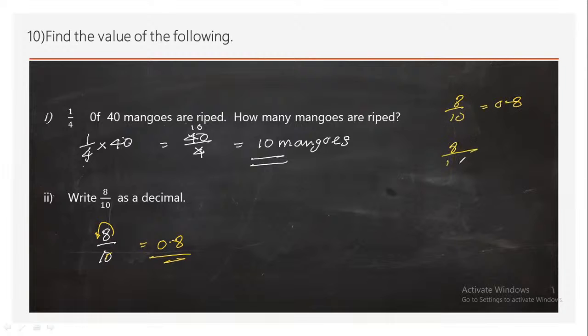If it is 2 zeros, 2 decimal places. If it is 3 zeros, 3 decimal places. Like this, according to the number of zeros in the denominator, we can count the decimal places.